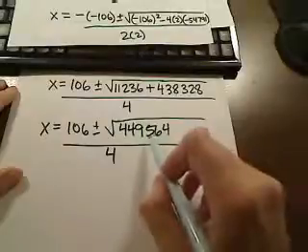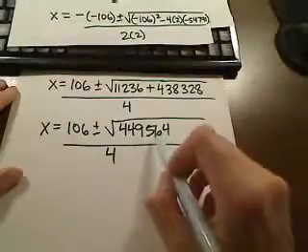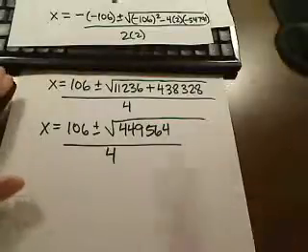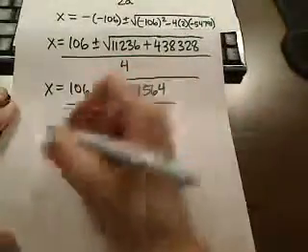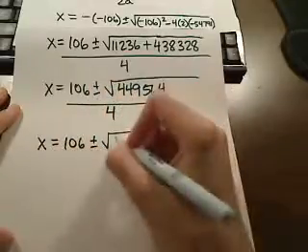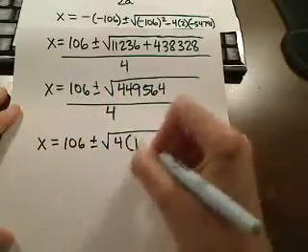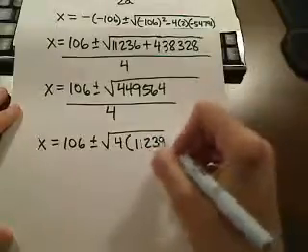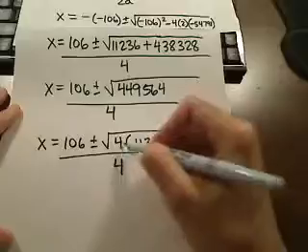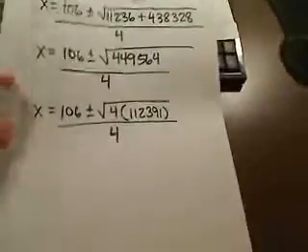This is not a perfect square, but it is divisible by 4. So I'm going to go ahead and rewrite this as 106 plus or minus the square root of 4 times the 112,391. And the reason for that is I can now bring that square root of 4 out as a 2.